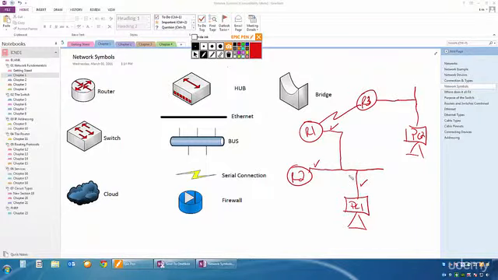So you'll see this a lot. When I say a lot, you won't see it a lot in my course, but you will see it a lot in documentation. We call this a segment.